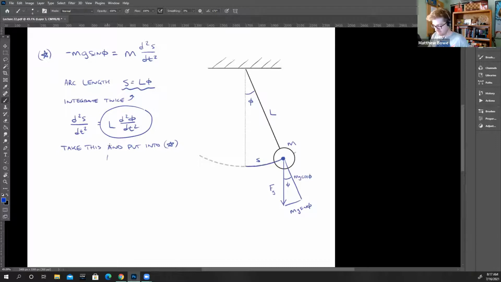And I can see maybe the length is involved in how long it takes for the pendulum to return to its original state. So after I do this step, we get d squared phi over dt squared is equal to g over L.